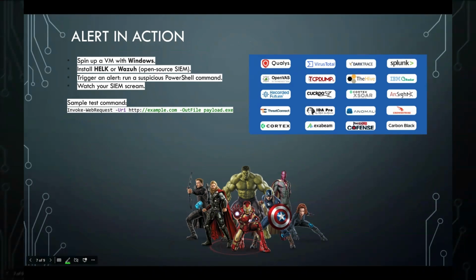Then, alerts in action. Try this at home, but safely. If you want to see alerts for yourself, set up a home lab. You can spin up a VM with Windows, and then install HELK or Wazuh. Those are open source SIEM systems. Trigger an alert by running a suspicious PowerShell command and watch your SIEM scream.